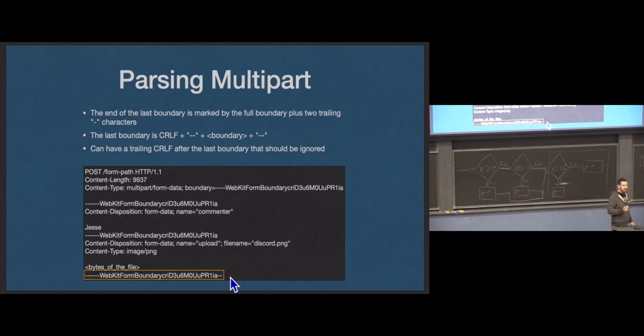But that doesn't mean there's going to be nothing there. There might be nothing there. There might be a new line character there. The protocol, the RFC, does allow for anything to be after this, but we have a way to indicate that this is the end of the parts, but there might be extra stuff after that. I haven't ever seen anything after there, but according to the protocol, it's allowed that there can be extra stuff after there. So anything after this last boundary needs to be ignored.